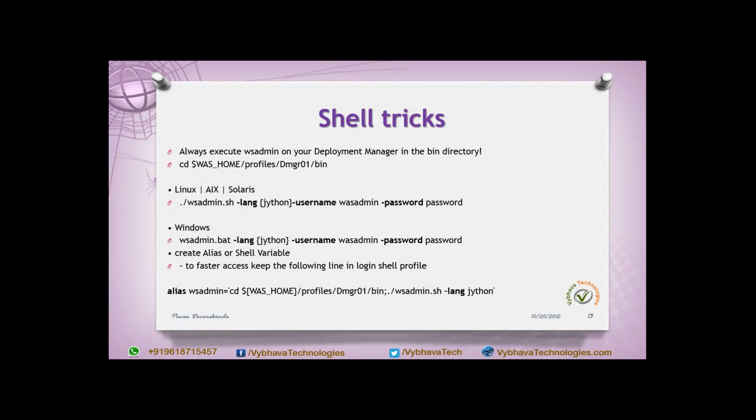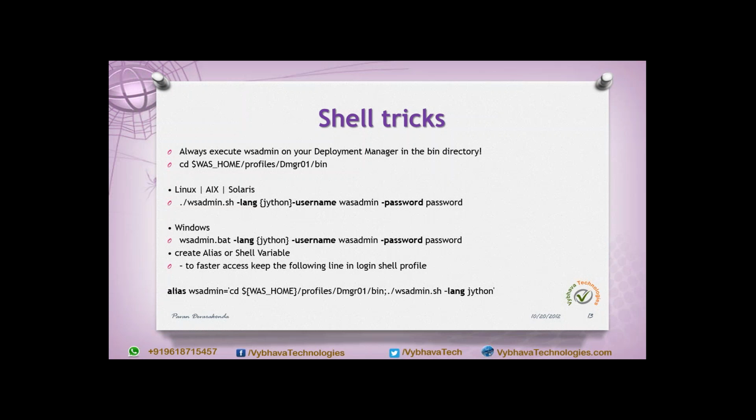It first calls a command line script, and it also looks for properties. When it looks for properties, it identifies what kind of language it has to use. By default, it is using jacl. All the versions 6, 7, 8, 8.5 also use the same jacl as the default scripting language.